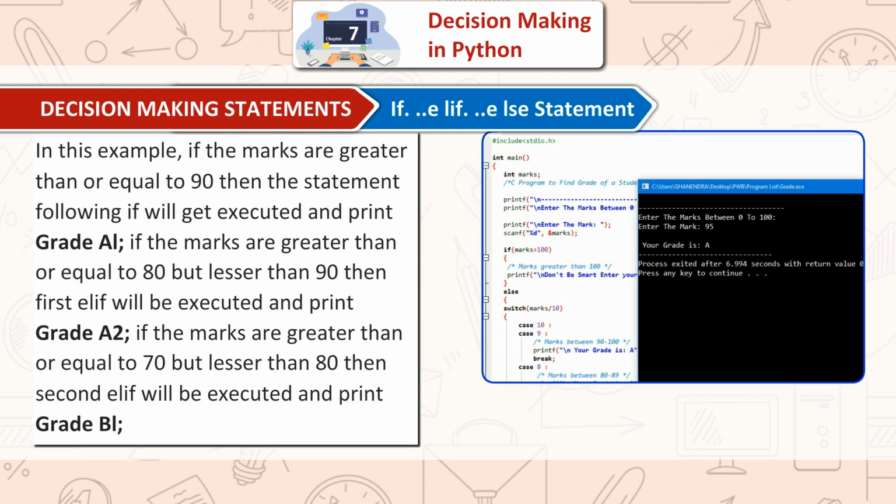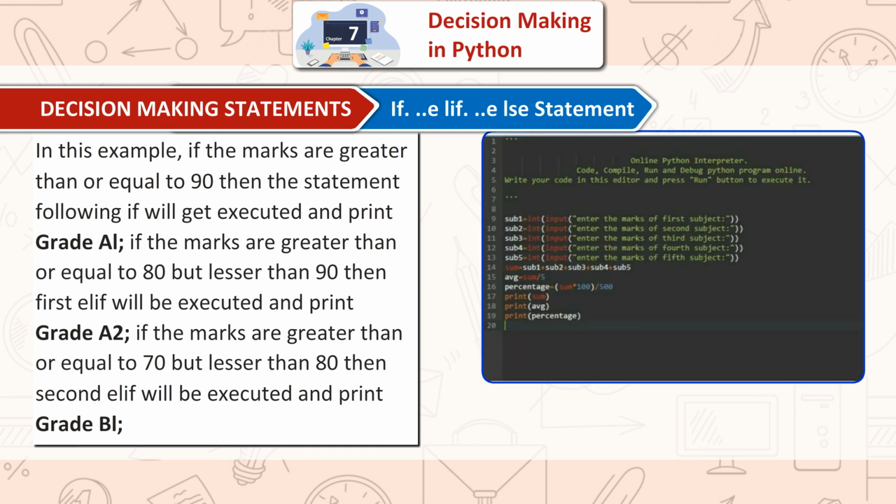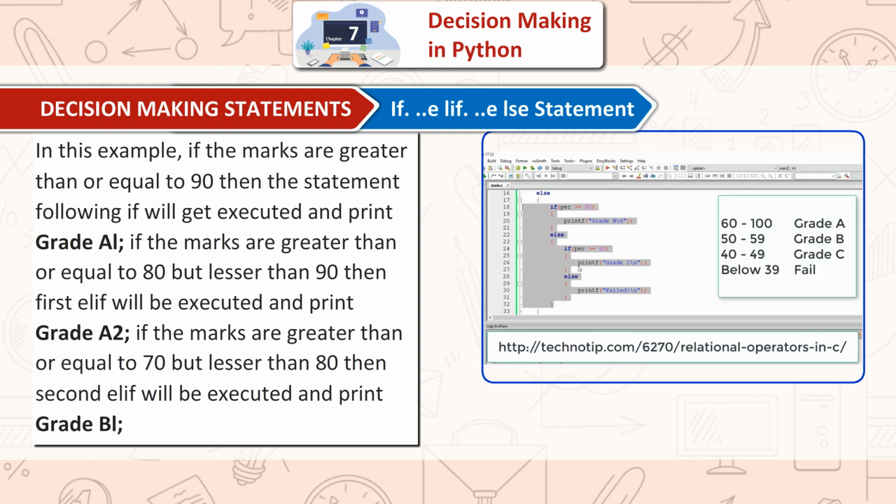In this example, if the marks are greater than or equal to 90, then the statement following if will get executed and print grade A1. If the marks are greater than or equal to 80 but lesser than 90, then the first elif will be executed and print grade A2. If the marks are greater than or equal to 70 but lesser than 80, the second elif will be executed and print grade B1.